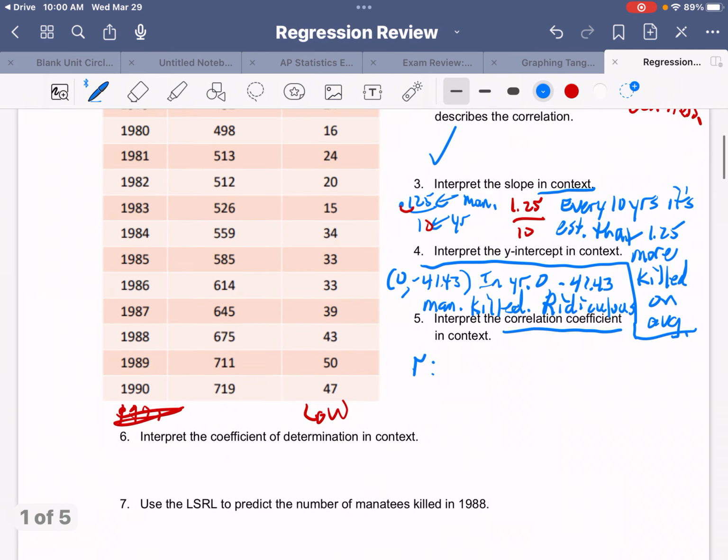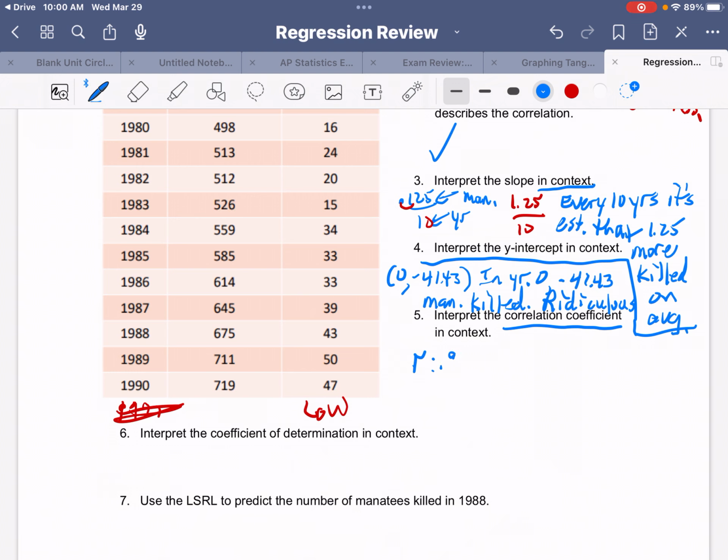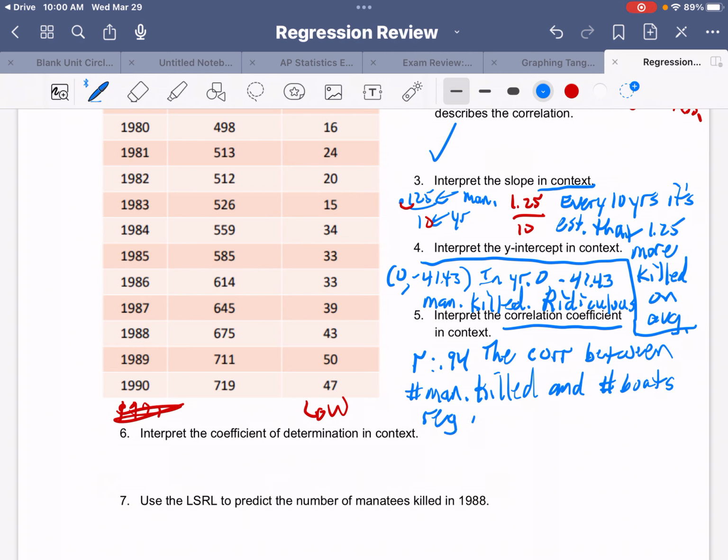So if I'm interpreting R equals 0.94, the correlation between number of manatees killed and number of boats registered is very strong and positive.